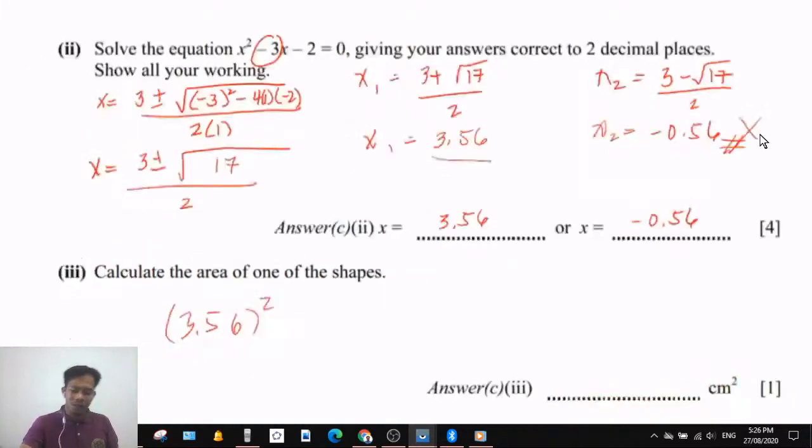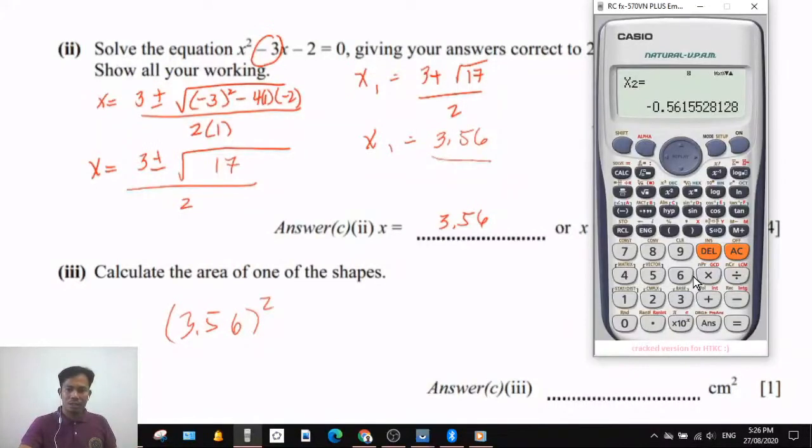So you will just change x to 3.56, then square it. That's the answer for this: 3.56 squared. You'll have 12.67 or 12.7 centimeters squared. You'll get 1 mark.